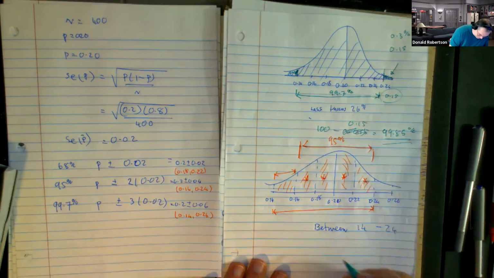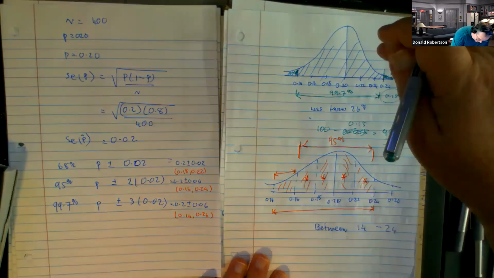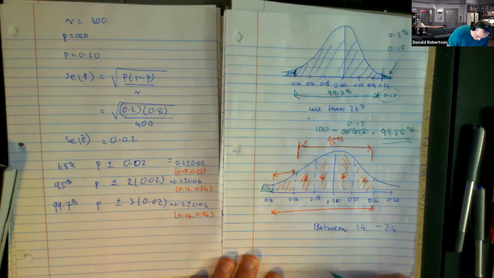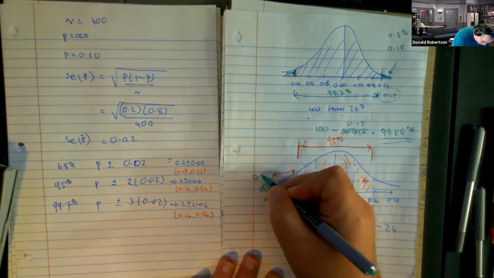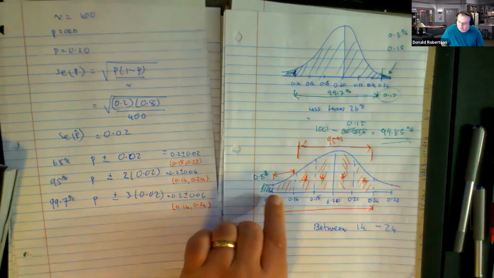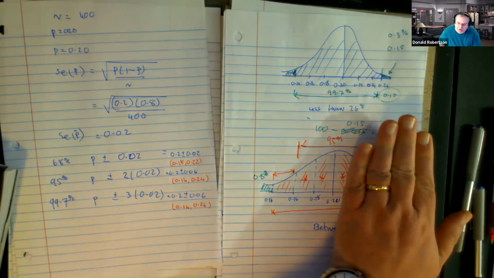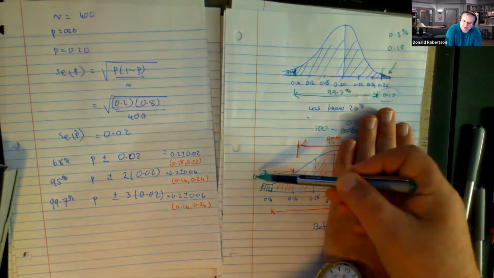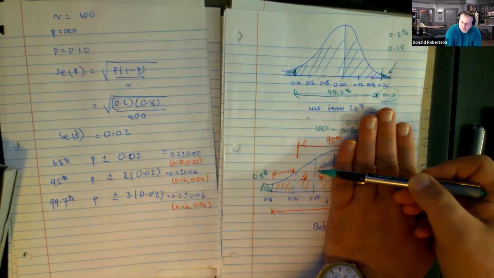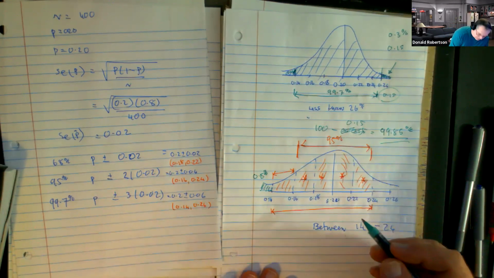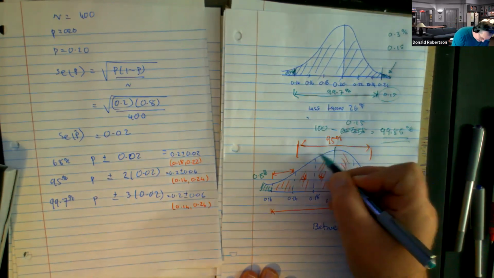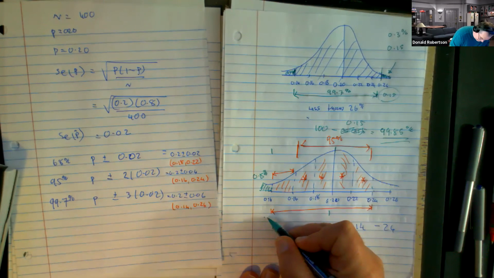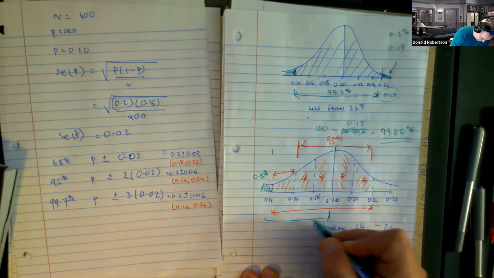Now, okay, I could find that another way. I've already found out how much that little piece is. Remember, it was the 0.15% guy. Right. So I'm going to cover all of that up. Would you agree that there's 50% going this way? Now, we know that from here to here must be 50%.